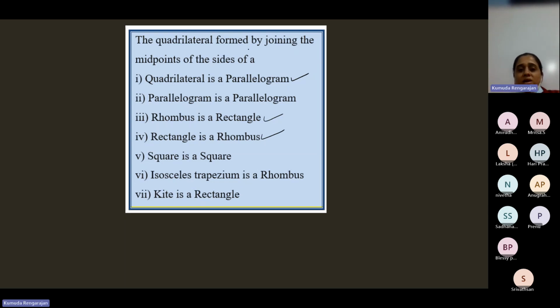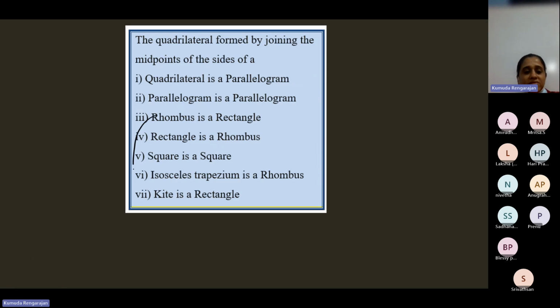The quadrilateral formed by joining the midpoints of the sides of a parallelogram is a parallelogram. Square is a square. Isosceles trapezium is a rhombus. A kite is a rectangle. For both rhombus and kite, it's a rectangle.